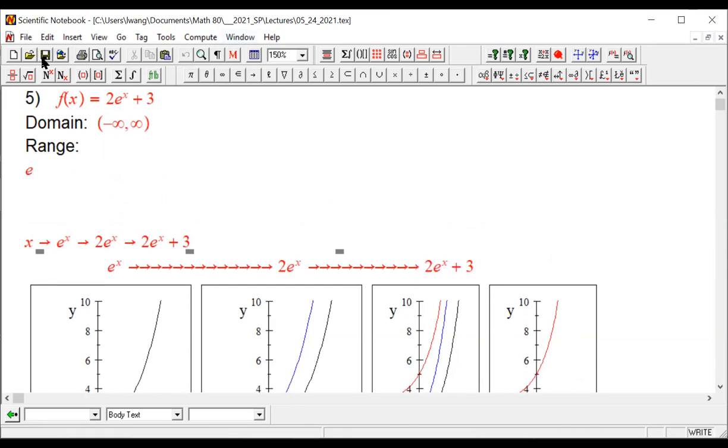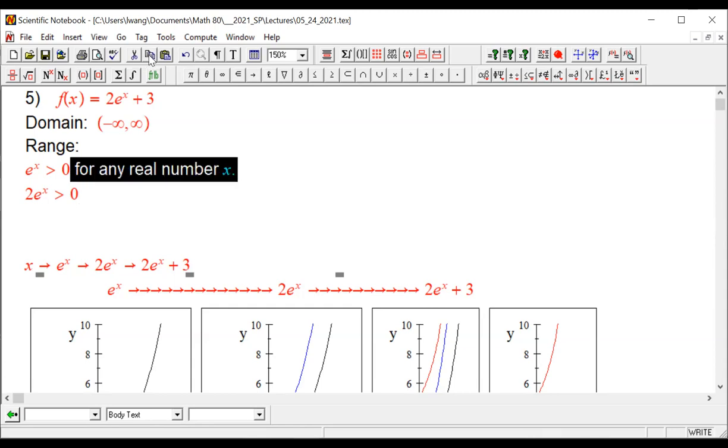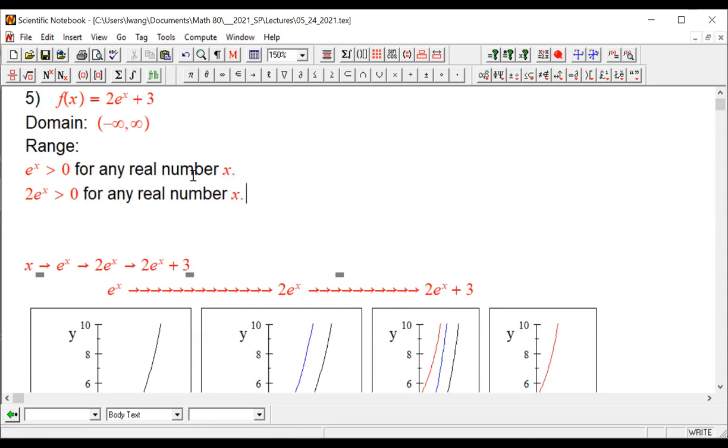Because e to the power x is larger than 0 for any real number x. Then we multiply both sides by 2, so 2 times e to the power x is larger than 0, once again for any real number x.